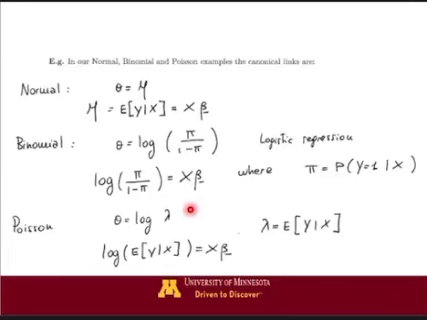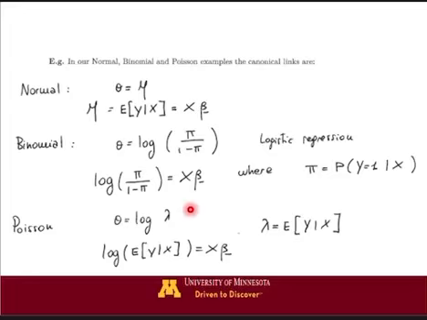Another thing I want to talk about. I just gave you the role of the link function in a generalized linear model. But what is the role of the exponential family? I want to talk about the role of the exponential family of distributions, because for you to be able to use this approach, the underlying probability distribution of the outcome variable must come from the exponential family.